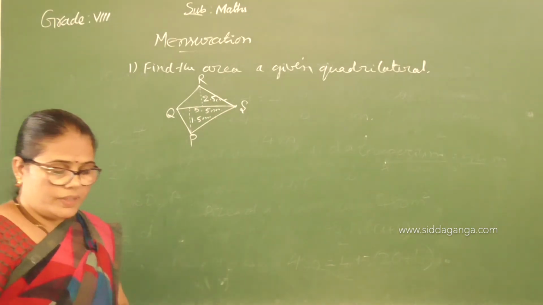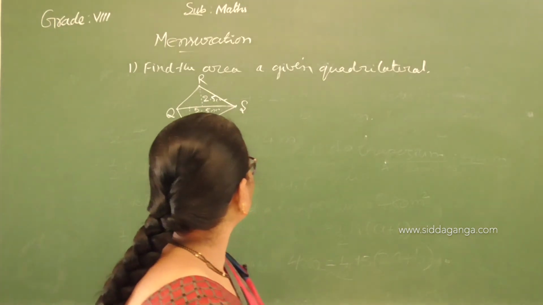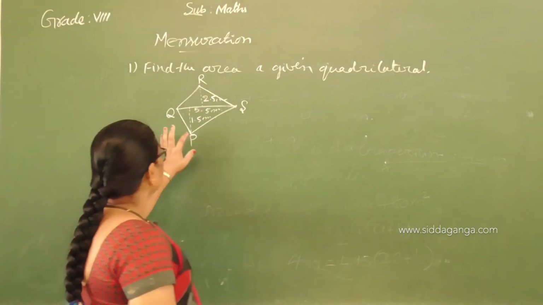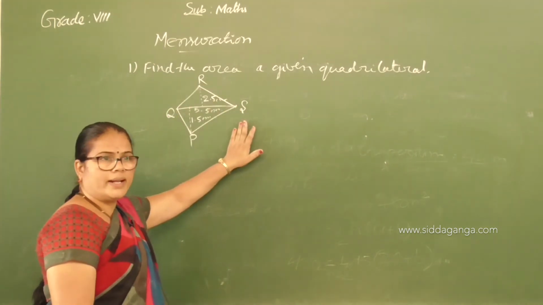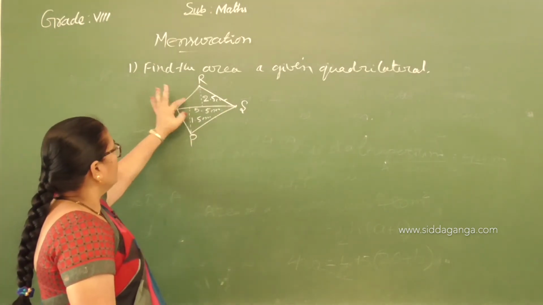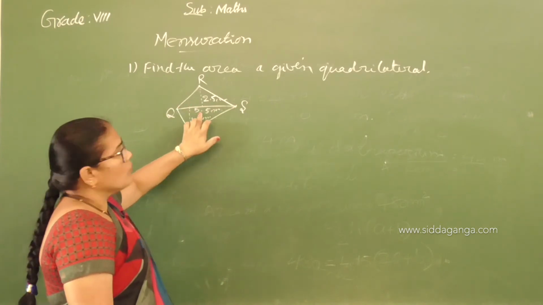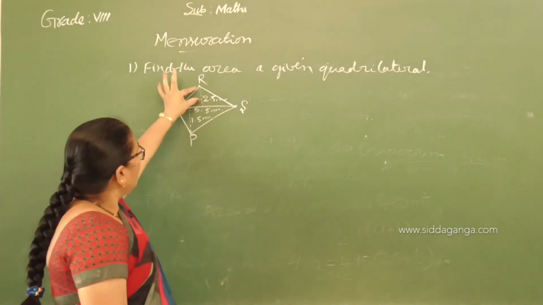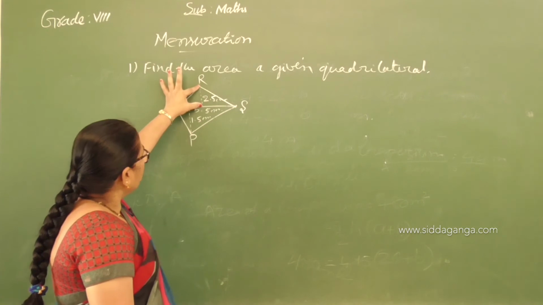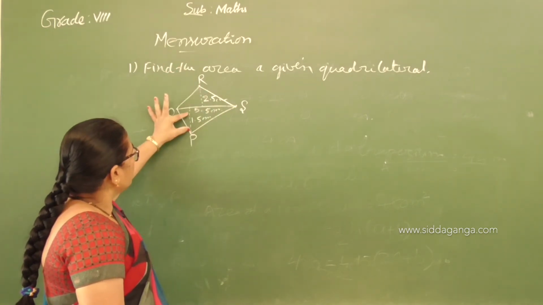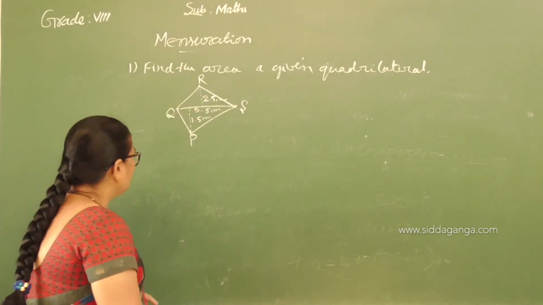Find the area of the given quadrilateral. Here the diagonal QS is equal to 5.5 centimeter. One altitude is equal to 2.5 centimeter and another one is equal to 1.5 centimeter.